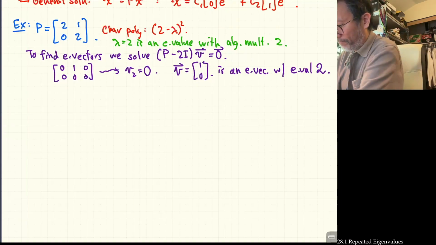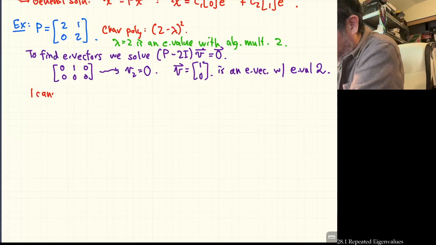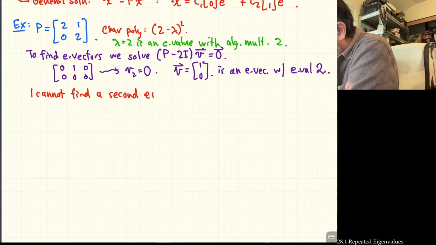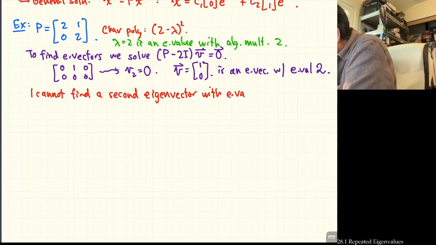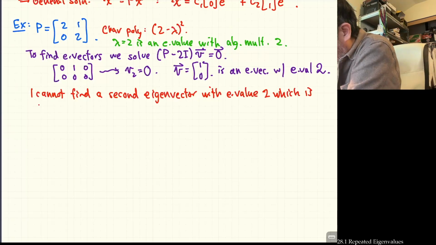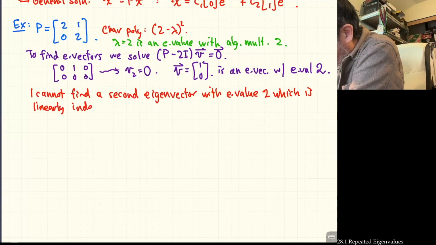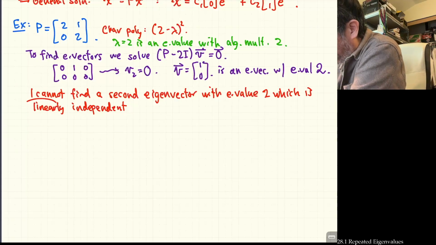Maybe I'll write that. I cannot find a second eigenvector with eigenvalue 2 which is linearly independent. Or, well, can I write it instead?